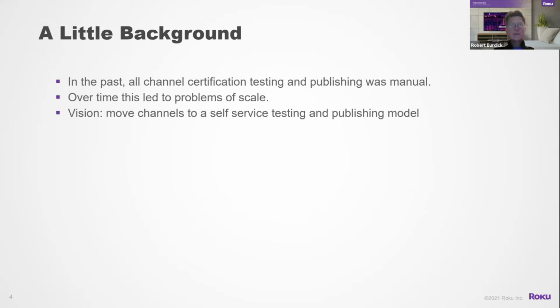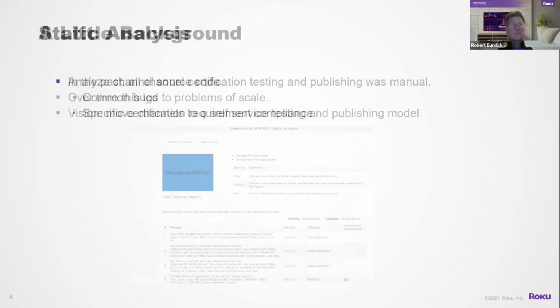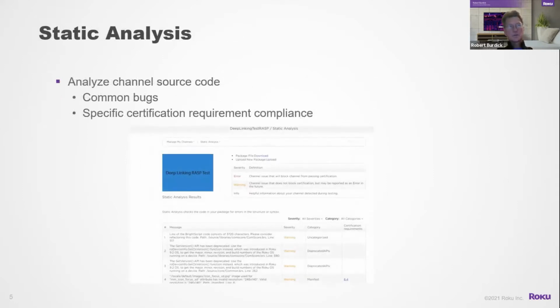And so we've had this vision to, over time, as much as we possibly can, move the channel testing, automation, certification testing and publishing as well, to much more of a developer-driven self-service model. That started a couple years ago with some simple static analysis functionality that we built into the developer portal.